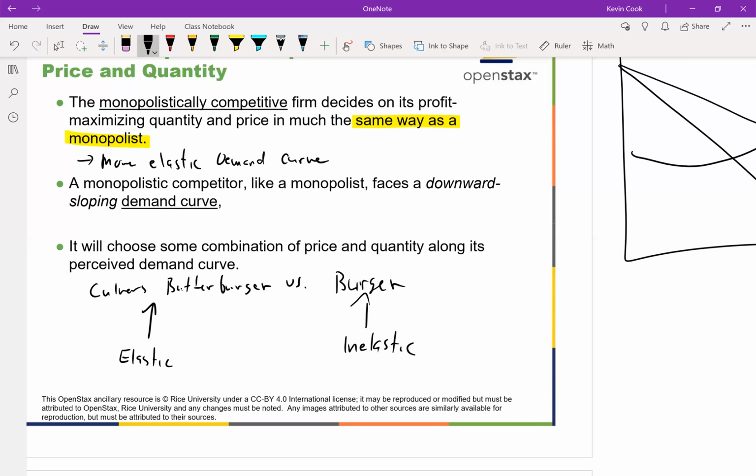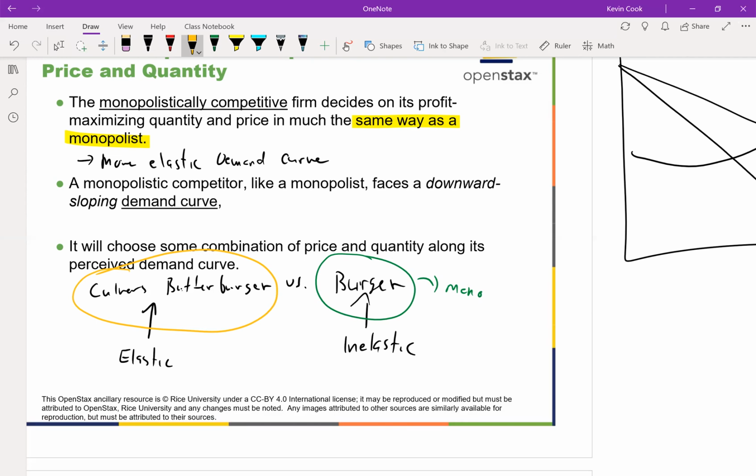So if we had a monopoly, the monopolist really sees the entire market because there's nobody else to compete against them. But if I think about Culver's, the market that they see is the market for a Culver's Butterburger.